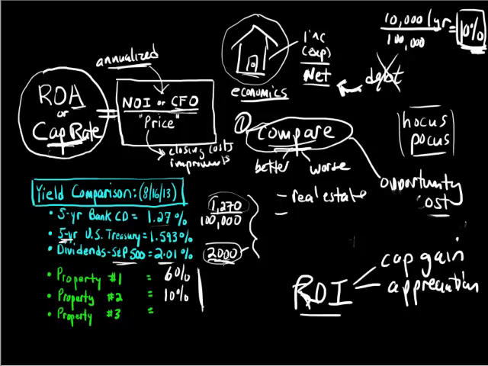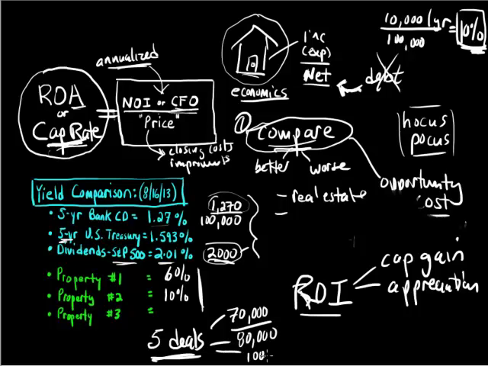But back to my main point here is that once you have this formula down and you can understand how to determine a cap rate, you can then compare it to other properties. And so what I would do on a weekly basis, where this really becomes practical, is if you have 5 deals on your desk and you're looking at them, and let's say the property is listed for $70,000, and you have another property that's listed for $80,000, and you have another one listed for $100,000.